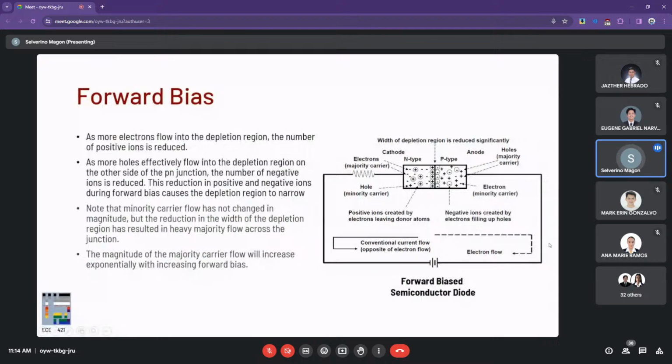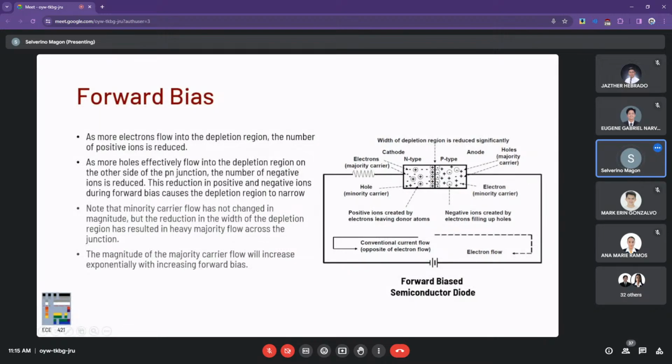So what happens is the positive supply sort of cancels out or pulls away the electrons here, or the majority carriers that migrated from the N-type material. And on the negative side, it will not really cancel, but it will pull away the majority holes in this region, which migrated from the P-type material.